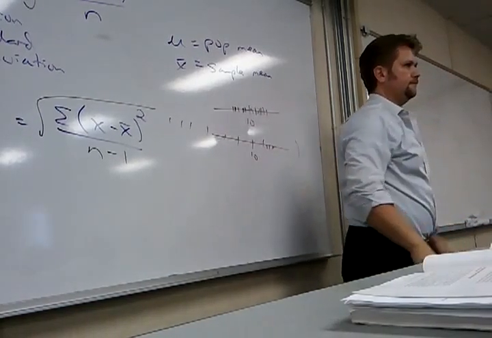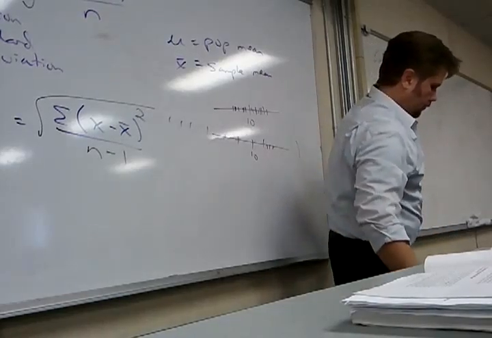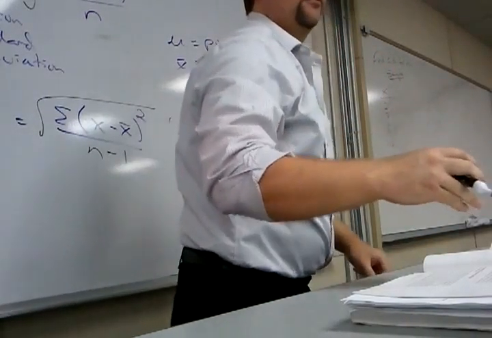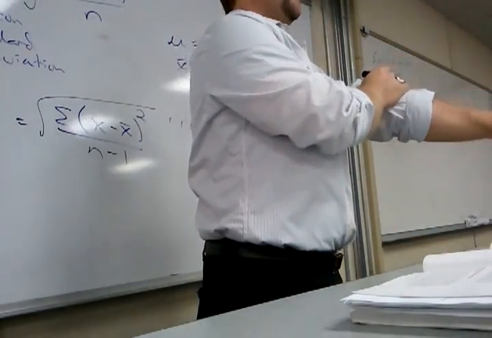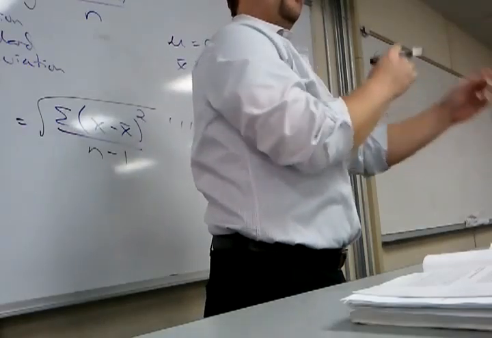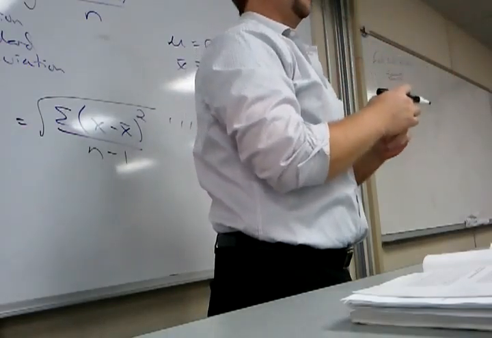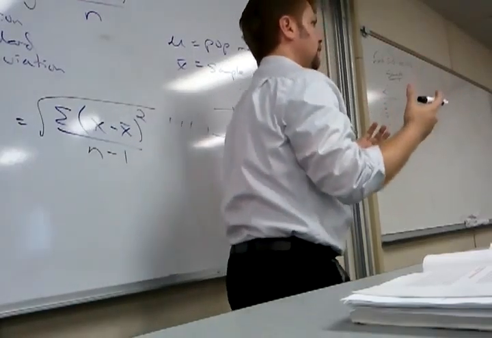So I'm telling you it's a sample. And if it doesn't say, remember, you always default to thinking it's a sample. They have to be very specific if it's a population. We're not used to having entire populations to work with.